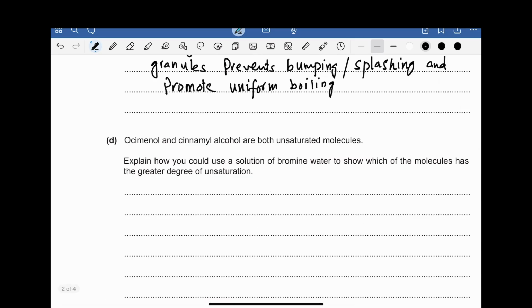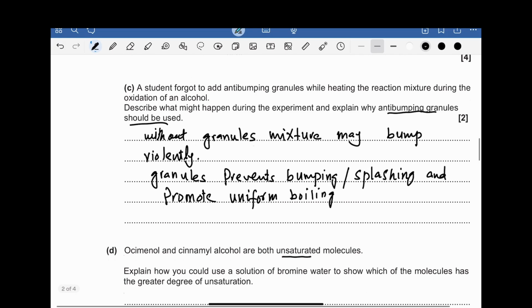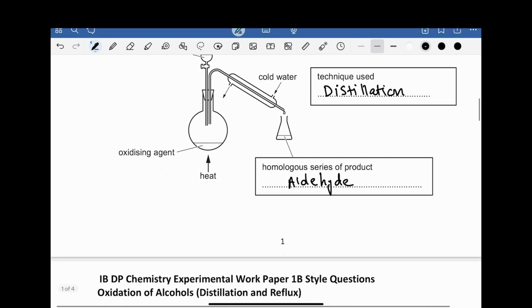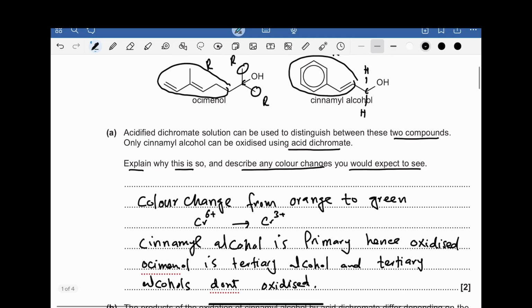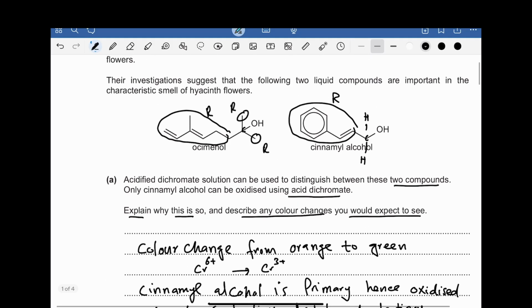Cinnamol and cinnamyl alcohol are both unsaturated molecules. We can see they have carbon-carbon double bonds. Let's go back and have a look. In cinnamyl alcohol, we have one carbon-carbon double bond, while in cinnamol, we have two carbon-carbon double bonds.